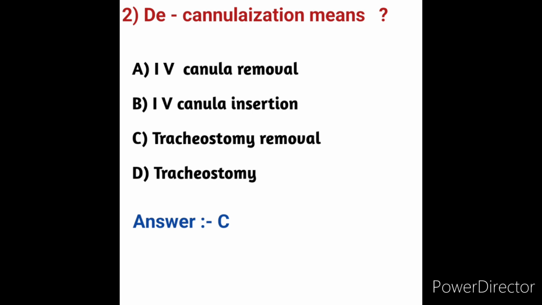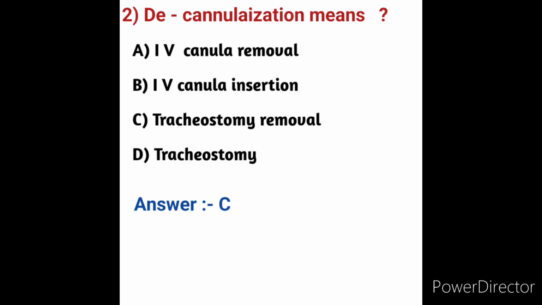Once a physician determines the patient has recovered, is tolerating oxygen without the support of the tracheostomy, and it is no longer needed for breathing, we have to decannulate. So here decannulation means option C, tracheostomy removal, is the correct answer.